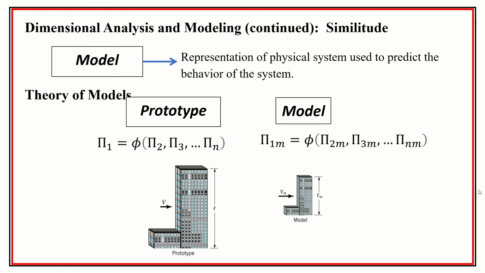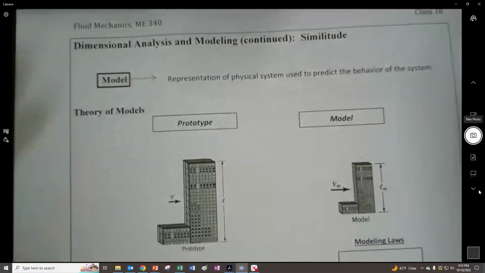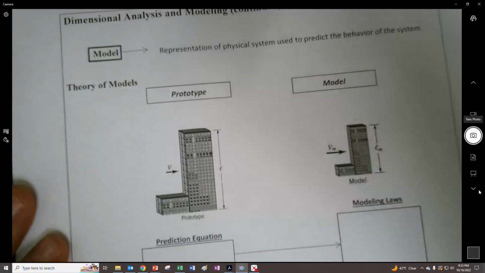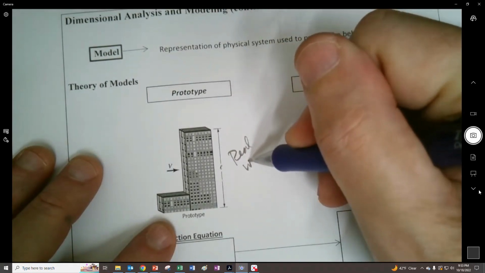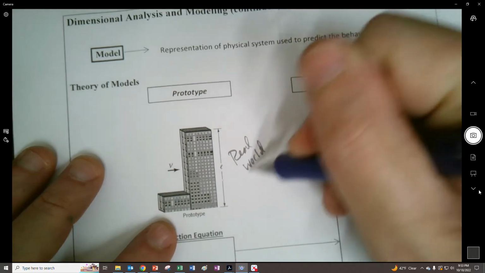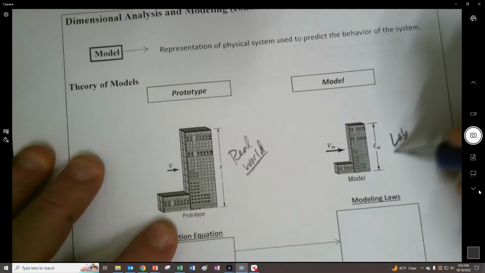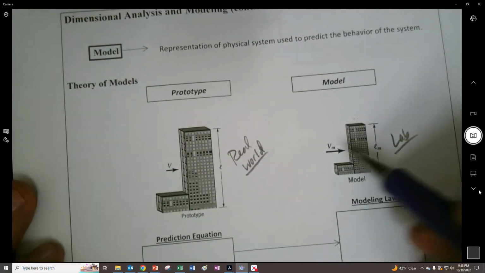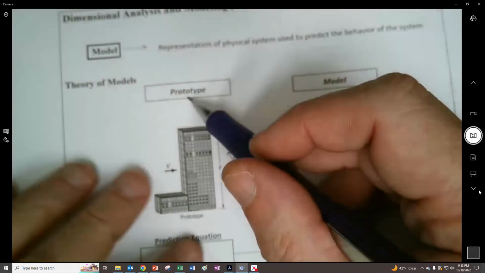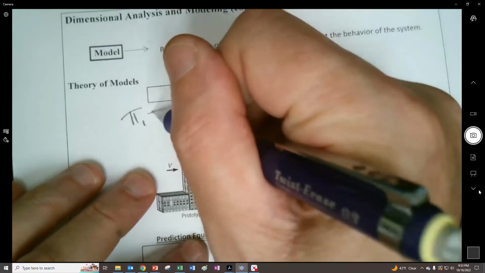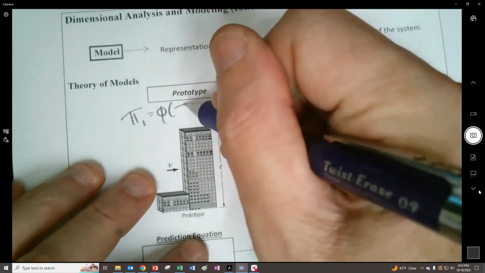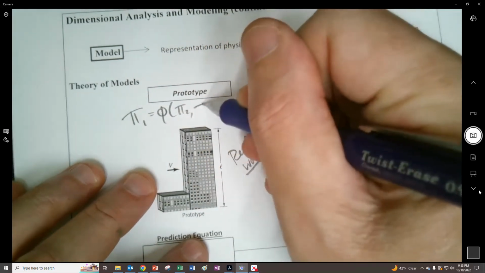So the idea, let me switch over to here. The idea is that we have the real world, and we have a lab. And we're going to make a model in the lab, and we're going to run experiments. For the prototype, we had these pi terms. We have a primary pi term, and then we have what we could think of as dependent pi terms.